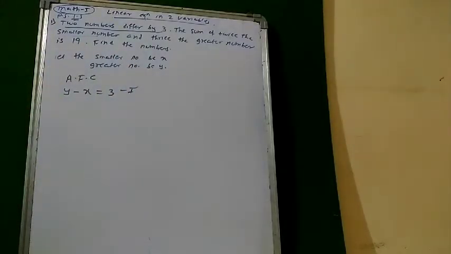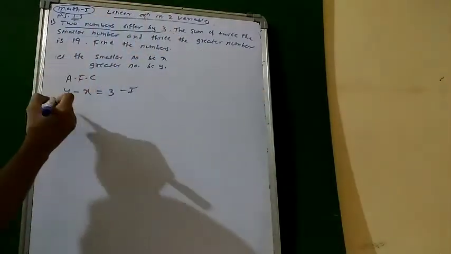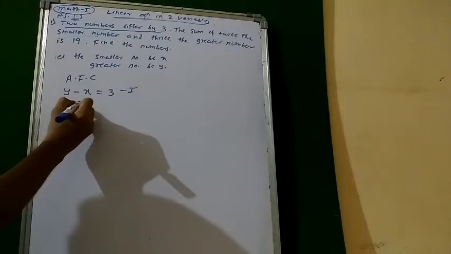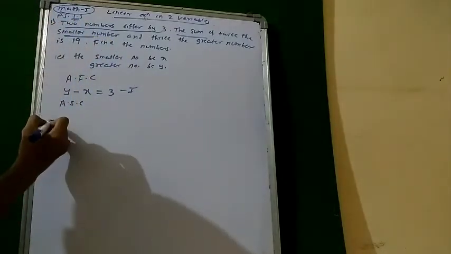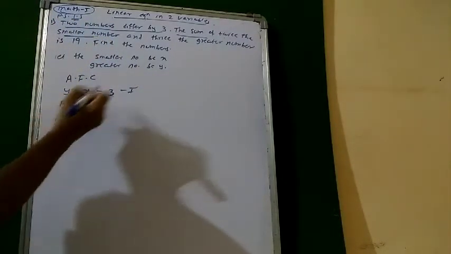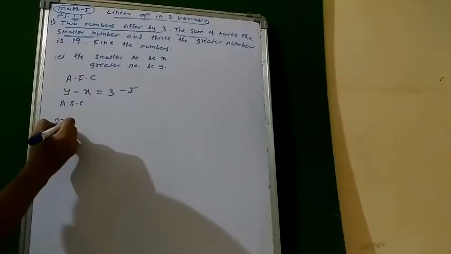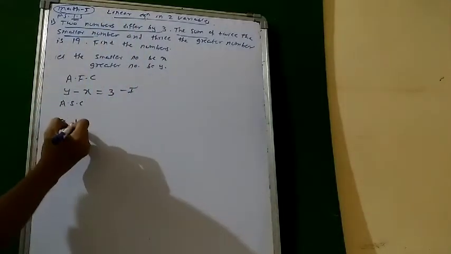Okay, you have already learned how to solve the equations. We will frame the equation then solve it. The second condition, according to the second condition, what is the second condition? Sum of twice the smaller. Twice means multiplied by 2. Twice the smaller. Smaller is x. And sum means addition.